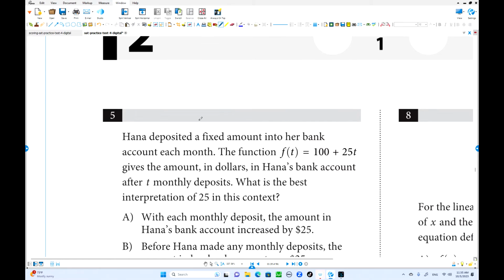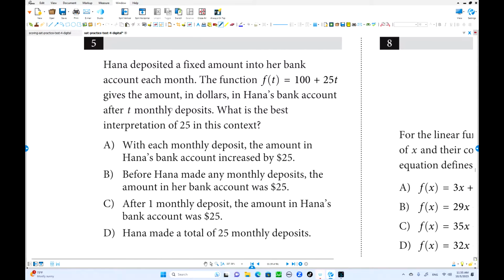Here is number 5. Hannah deposits a fixed amount into her bank account each month, okay? The equation is up here. It's initially 100 over here. So this is the slope, the rate. Every month she deposits $25, okay?